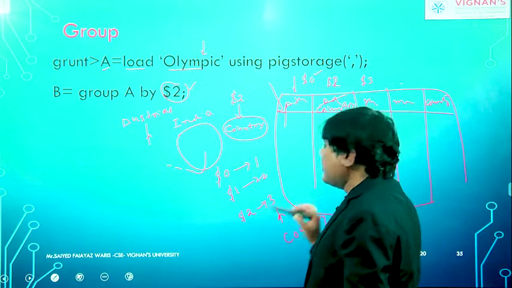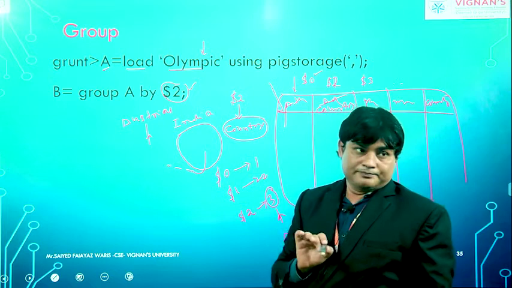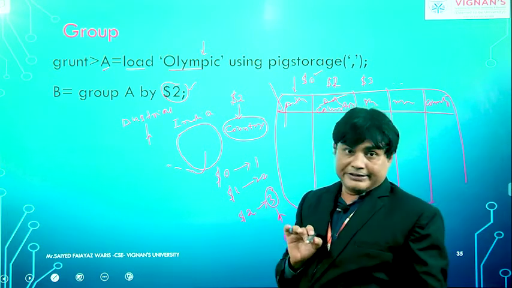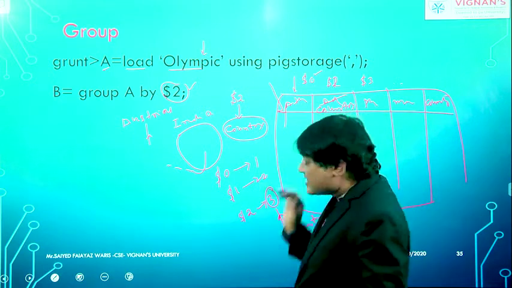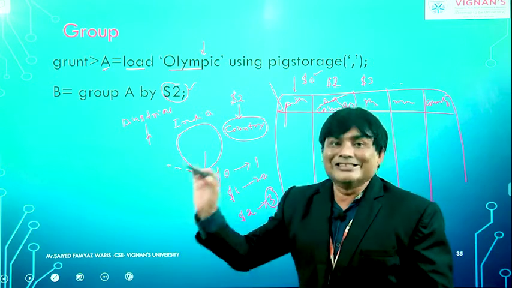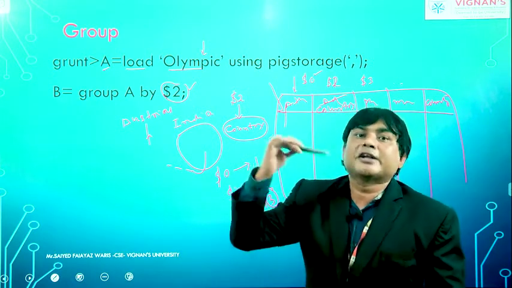So I am going to make the grouping based on this country only, because in the given file the third column belongs to the country. So I am going to preserve the data belonging to that particular country. I want to keep the information belonging to that particular country.